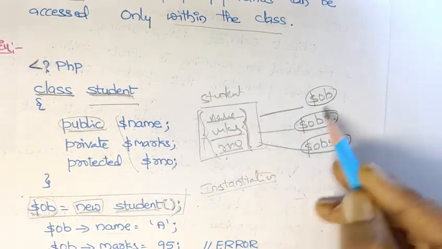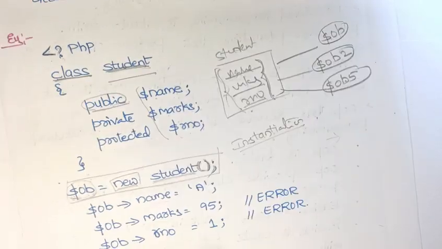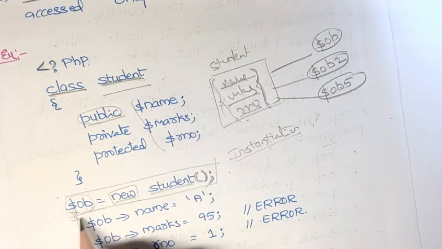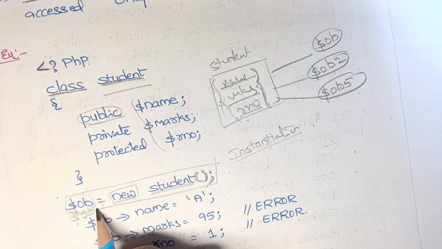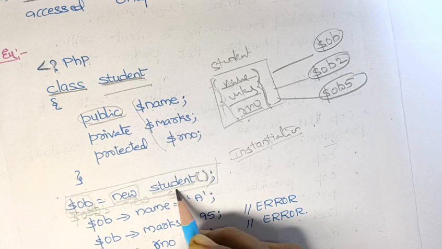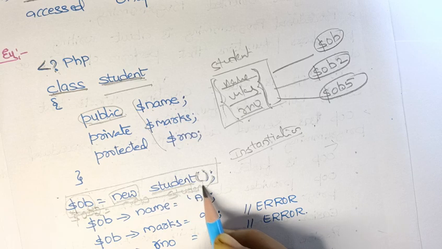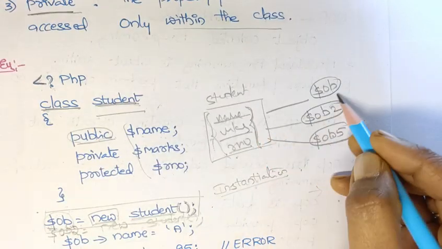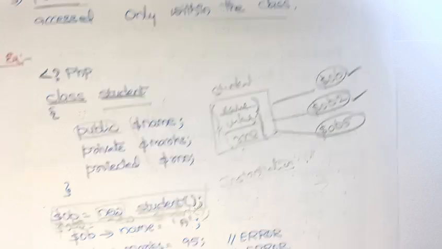So this class property can be accessed by any number of objects. For example, suppose I want to create one more object: $ob2 is equal to new student. So now for one class you have created two objects, and so on.